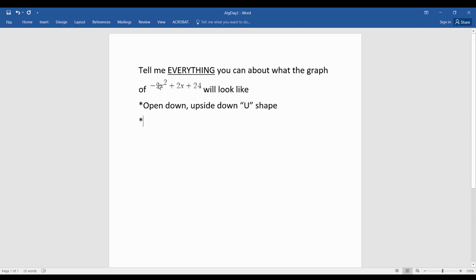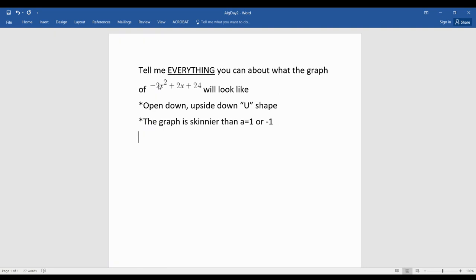So not only does the negative tell me it opens downward, the 2, since this number is larger than 1, tells me that it is going to get skinny. And when I say skinny, it is compared to what it would look like if a equaled 1, and that's positive or -1.